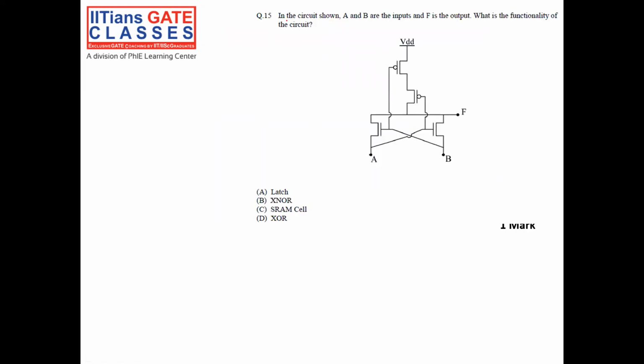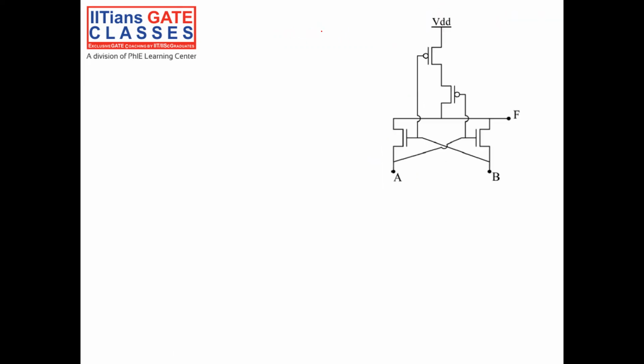The first question is: in the circuit shown, A and B are the inputs and F is the output. So we have to find out the functionality of the circuit. In order to find out the functionality, let's build a truth table. If you know the truth table, I can easily know the functionality.